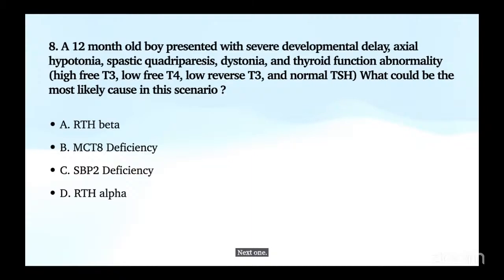Question 8. A 12-month-old boy presented with severe developmental delay, axial hypotonia, spastic quadriparesis, dystonia, and thyroid function abnormality, which is high free T3, low free T4, low reverse T3, and a normal TSH. What could be the most likely cause in this scenario?